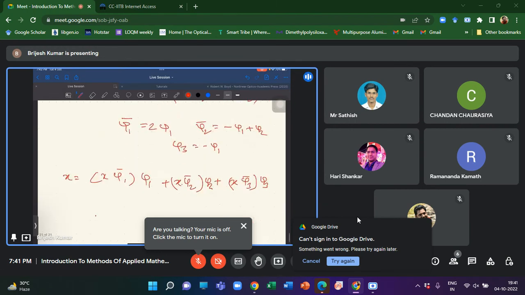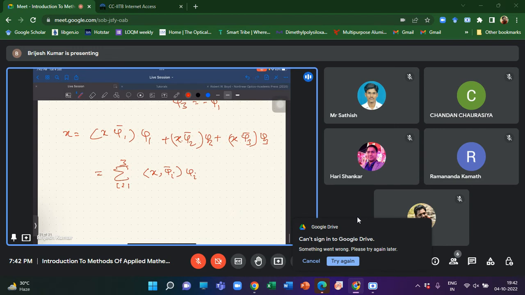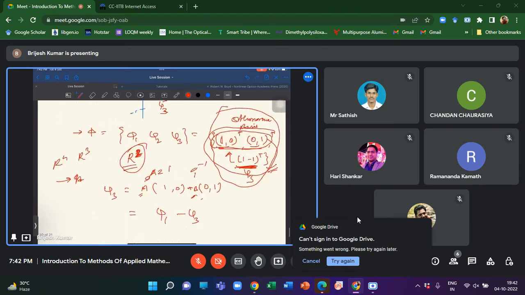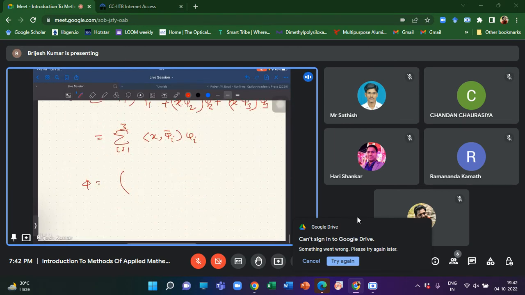In summation form, you can write the sum for I equal to 1 to 3 of x comma phi I and phi I. Now in matrix form, these three vectors will be in the form of rows and columns: 1 comma 0, 0 comma 1, and 1 and minus 1.